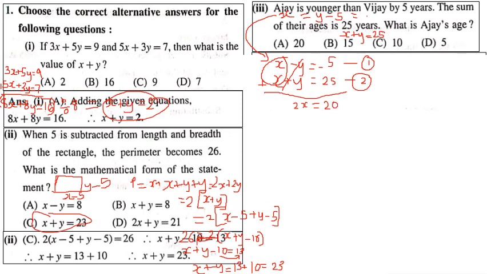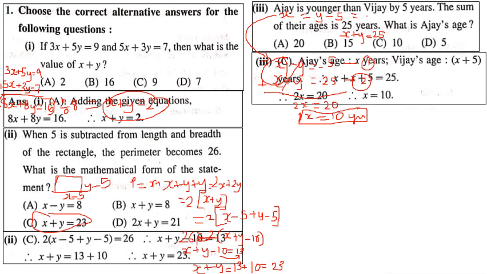So therefore, x is equal to 10. So therefore, Ajay's age is 10 years. The correct option is option C.